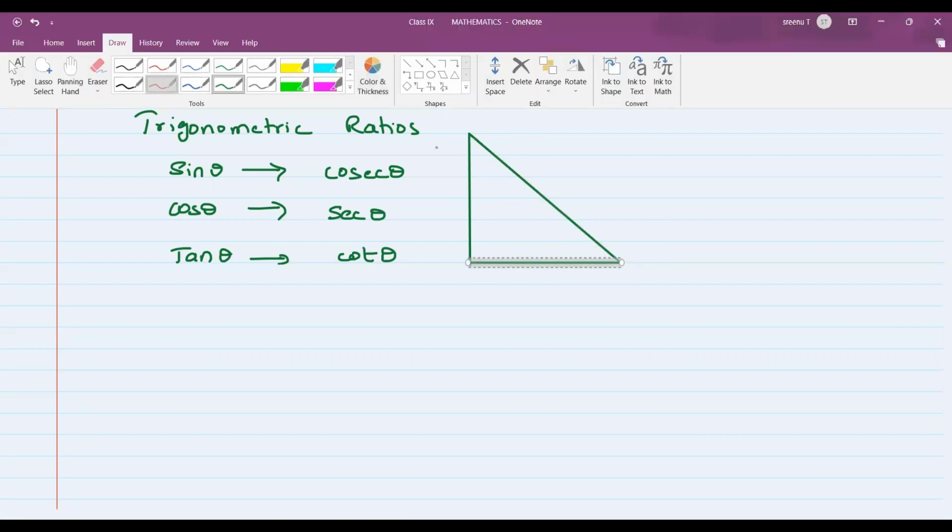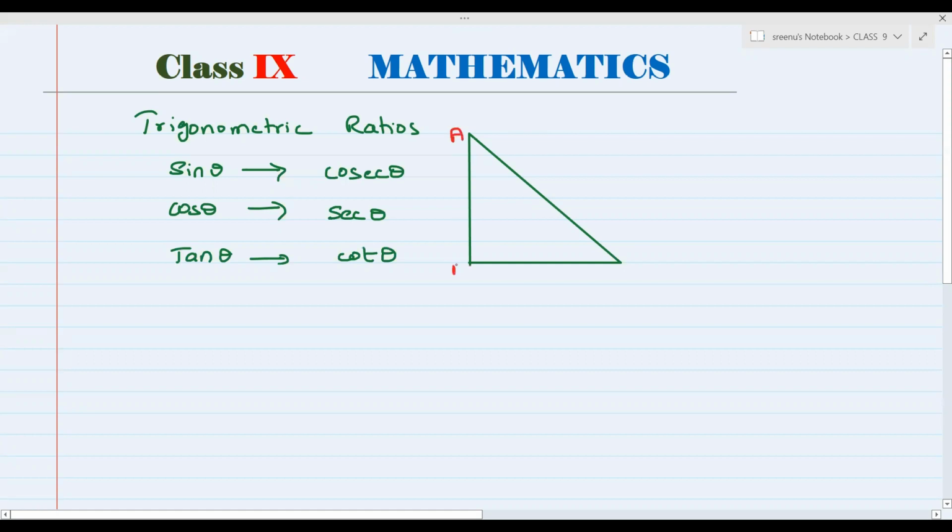This is A, this is B, this is C. The longest side we call the hypotenuse, and this is the acute angle. AB is the opposite side, BC is the adjacent side.